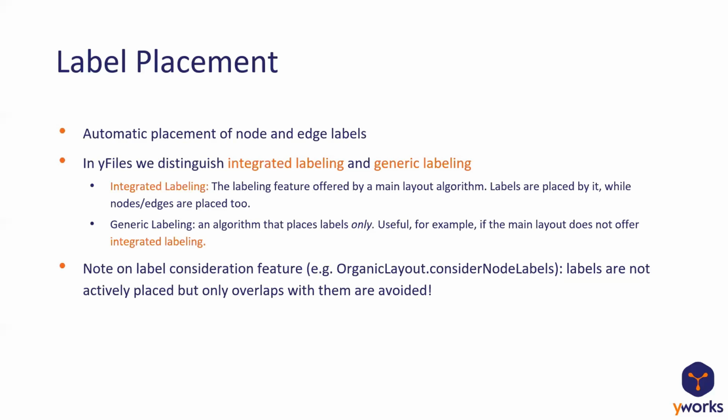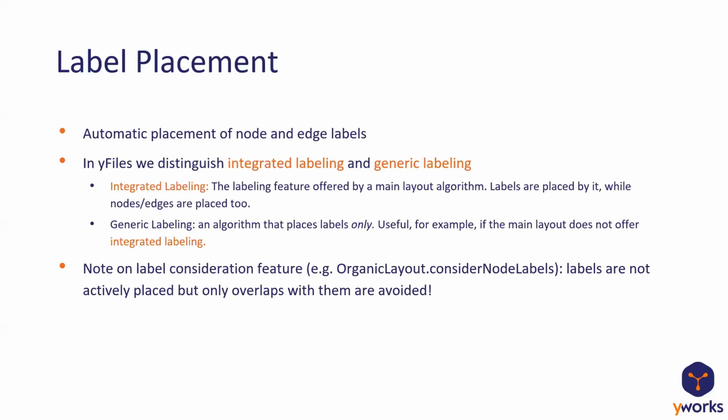Finally, I would like to make one note regarding the so-called label consideration feature, which you find on a lot of our algorithms. For example, the organic layout algorithm has the consider node labels property.